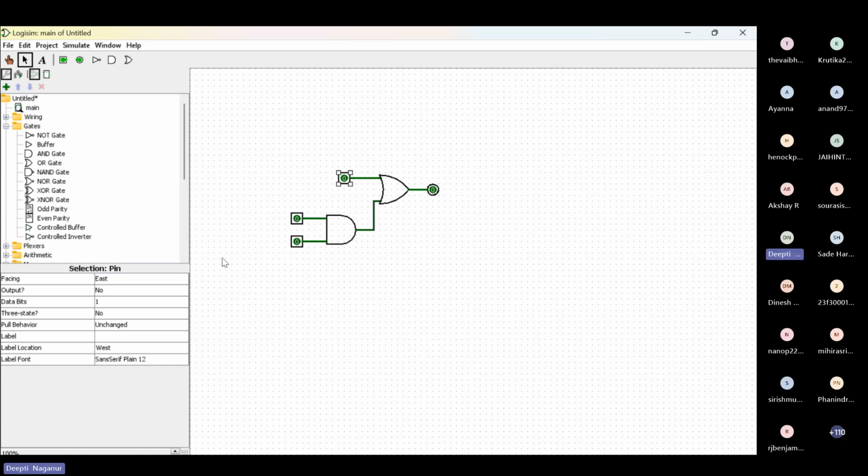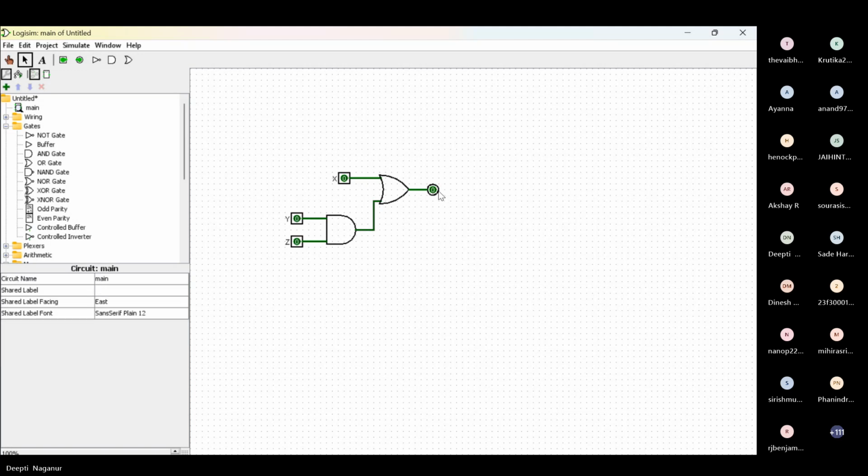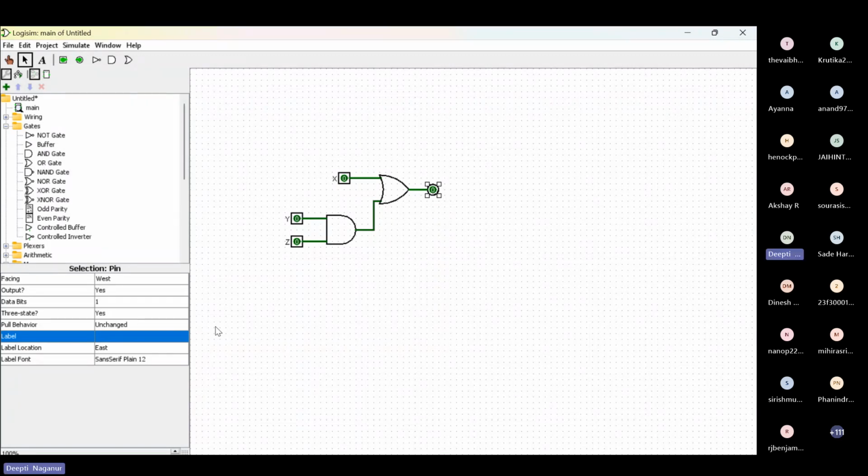I'm going to name this as X. This will be Y, and this will be Z, and this will be X plus YZ.